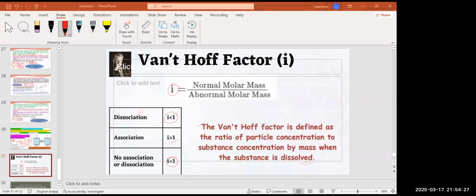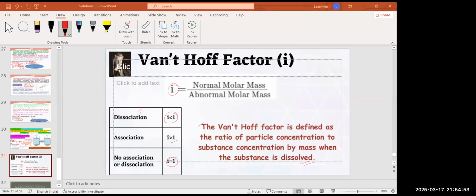It will give you the correct value of the colligative property. For elevation in boiling point, delta Tb equals i into Kb into m. Similarly, for depression in freezing point, it will be i into Kf into molality, right?